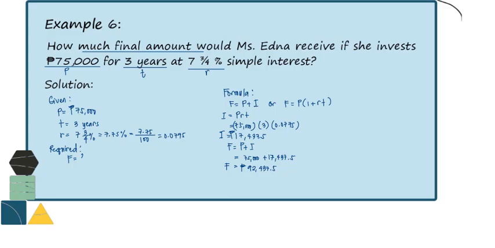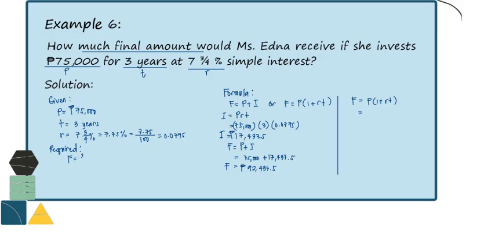And then if we try to make use of the other formula, we could also do that. For this case, it would be F is equal to P times 1 plus RT. And then, what is P there?